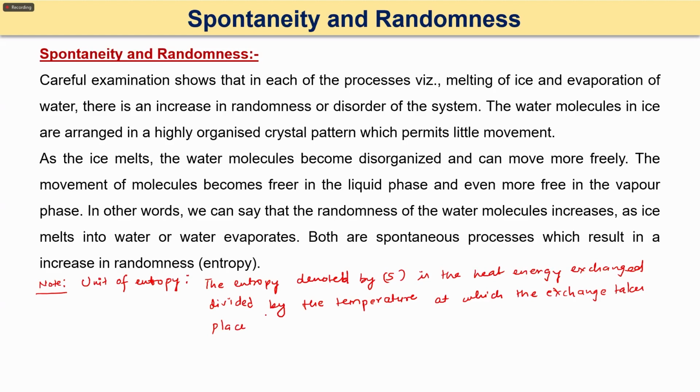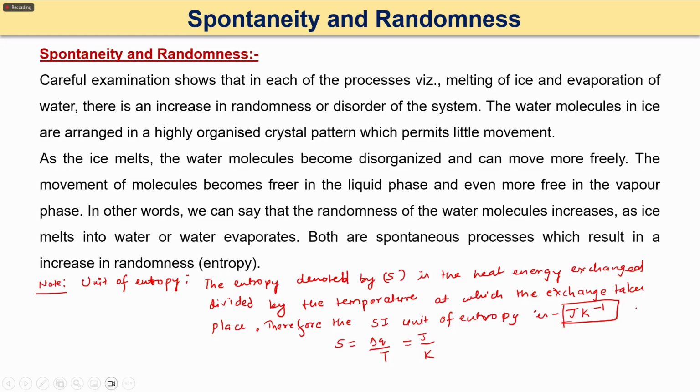So the SI unit of entropy will be, so your S is equal to Q by T. The unit of Q is Joule and of T is Kelvin. So your SI unit will be Joule per Kelvin. Okay. So this is what I had told you. Okay.